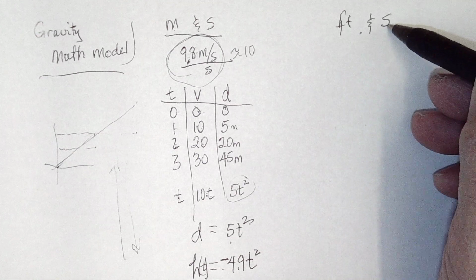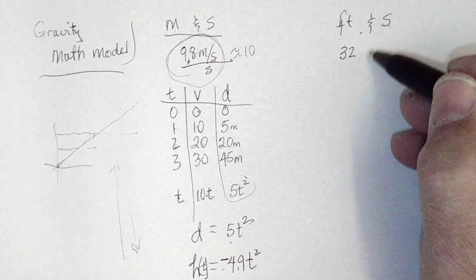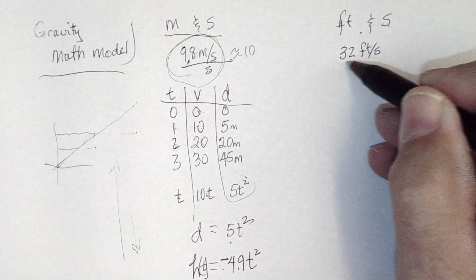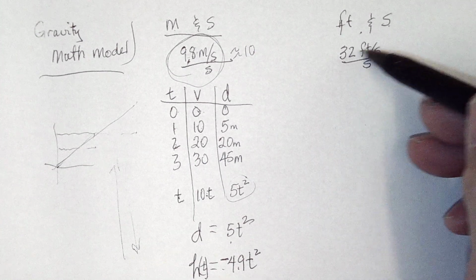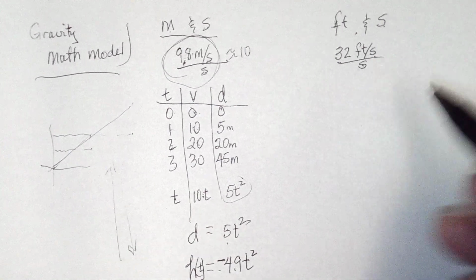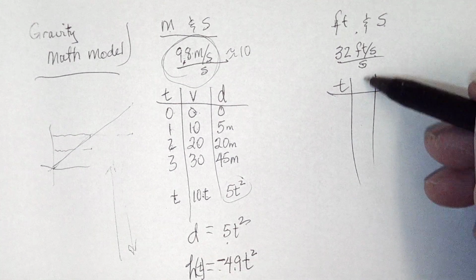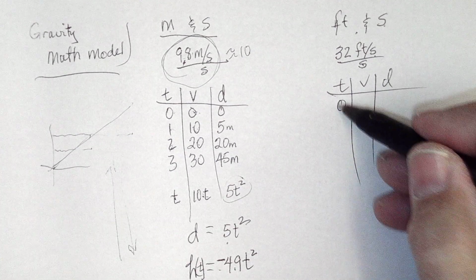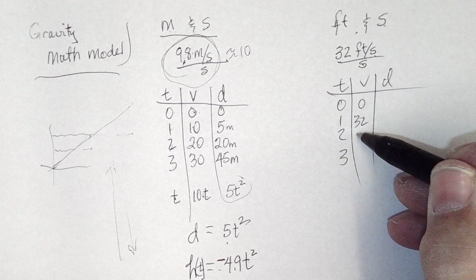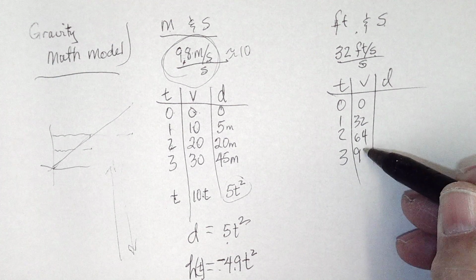In feet and seconds, it accelerates 32 feet per second every second. It goes 32 feet per second faster every second. So if I make the table again with t and v and d and 0, 1, 2, 3, it's going to be going 0, 32, 64, and 96.